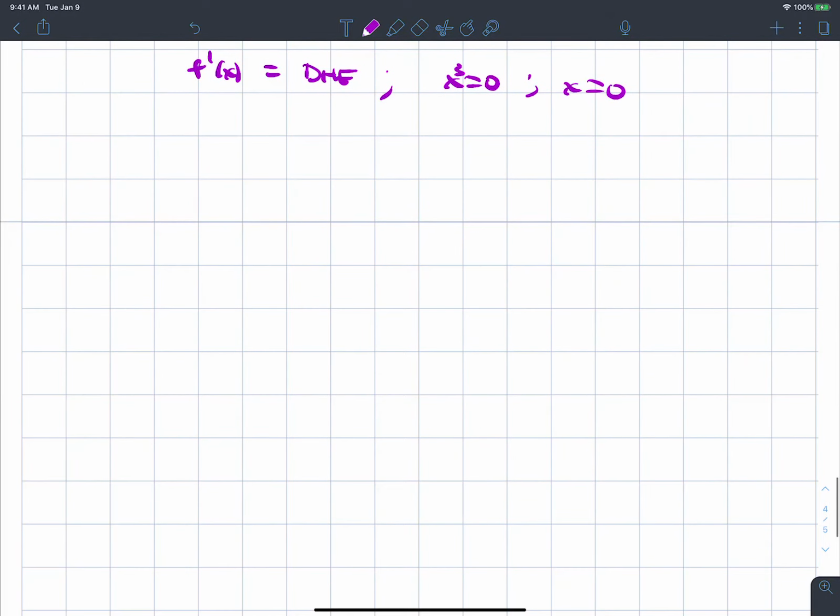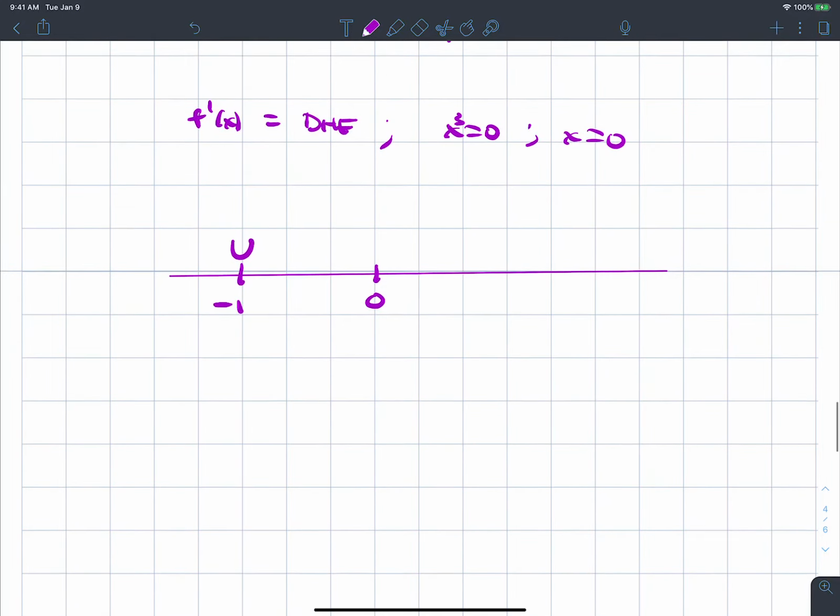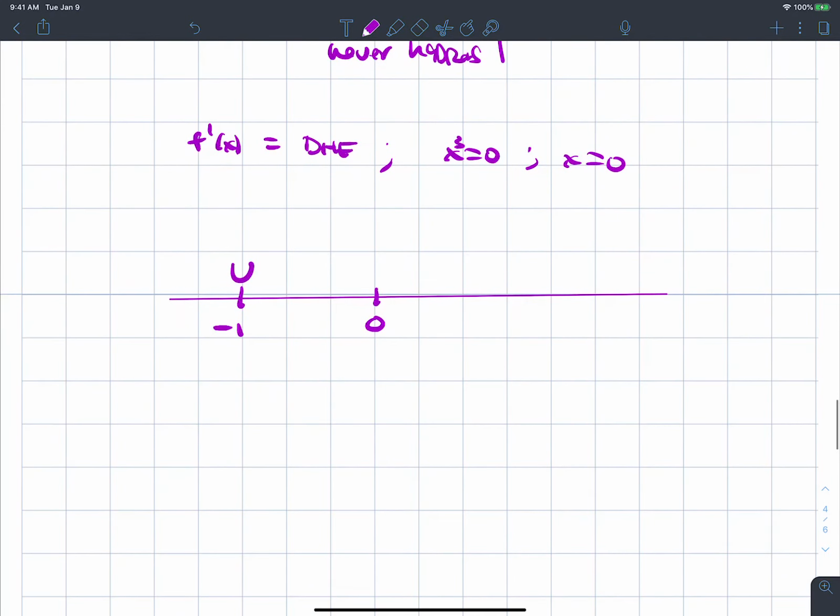So if you had to do sign analysis on that first derivative, I would say at negative 1 the derivative is 0, and then at 0, our derivative does not exist.